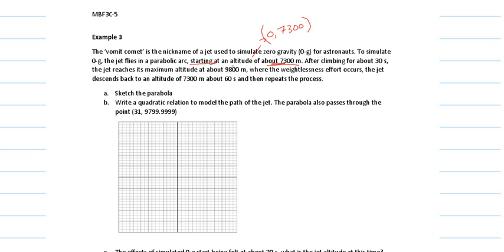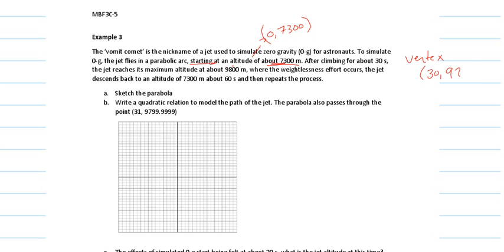After climbing for about 30 seconds, the jet reaches its maximum altitude of 9,800 meters. So another important piece of information there. What is it? The vertex. Where's the vertex? At what point? (30, 9,800).